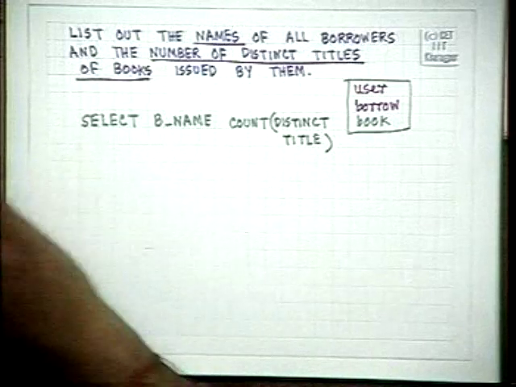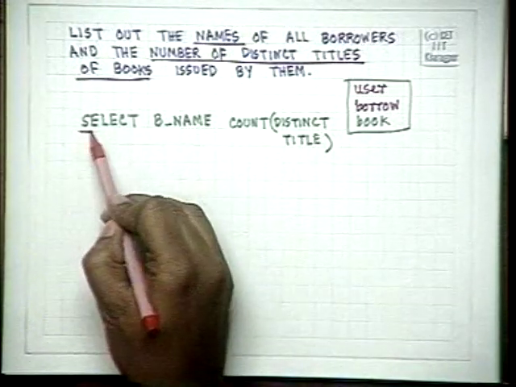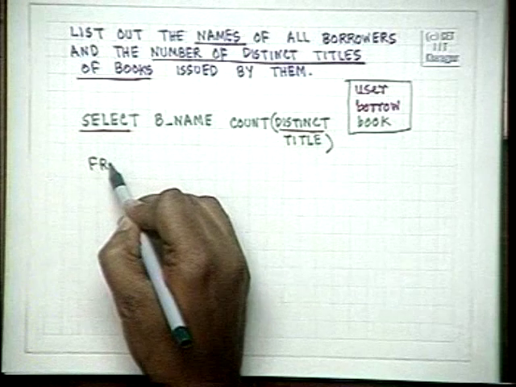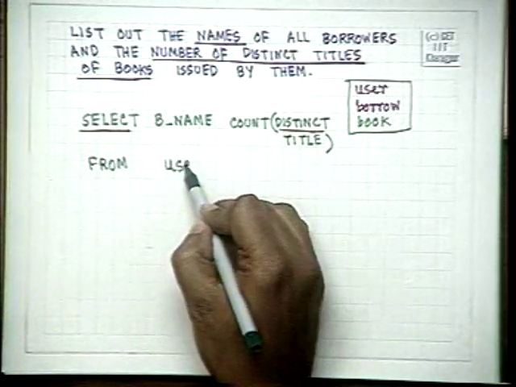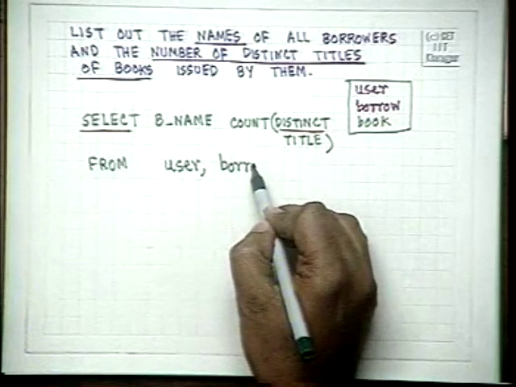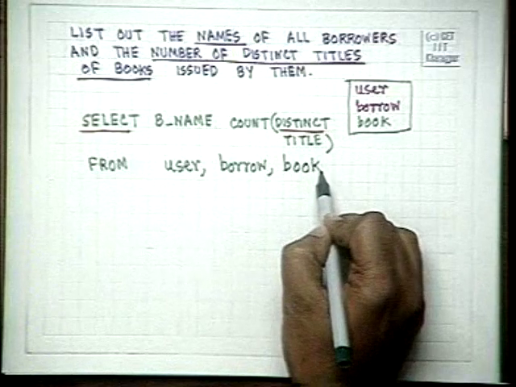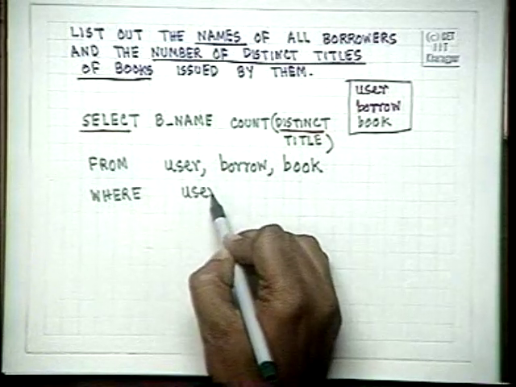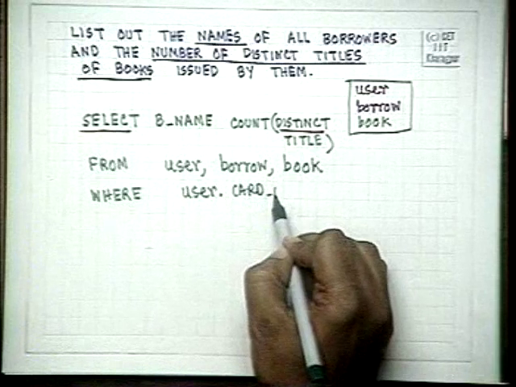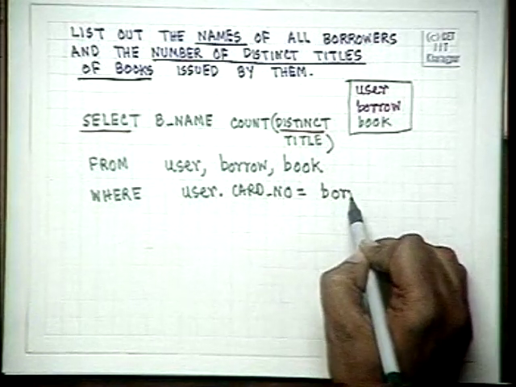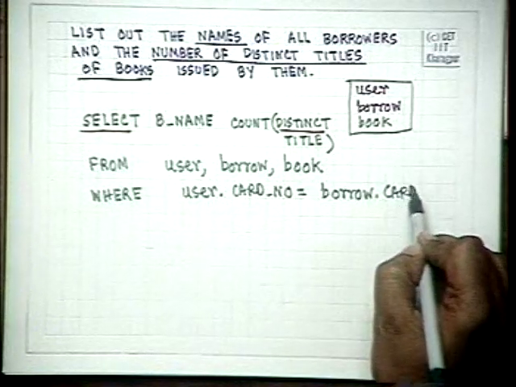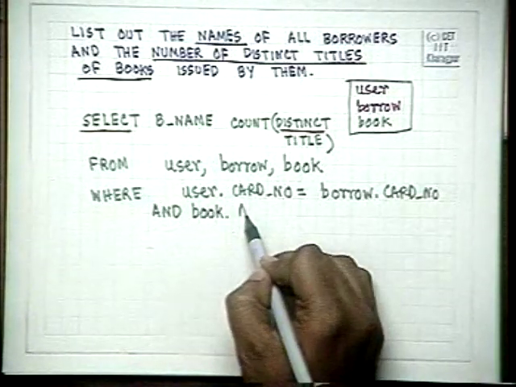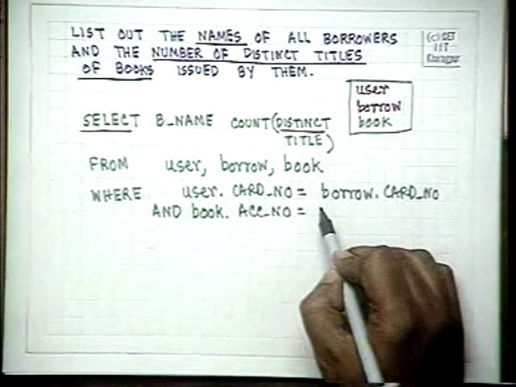This is the example which you were looking for, where you select borrower's name and count only the distinct titles from, now we will do a natural join between user, borrow and book, where user.card number is equal to borrow.card number, and book.accession number is equal to borrow.accession number.